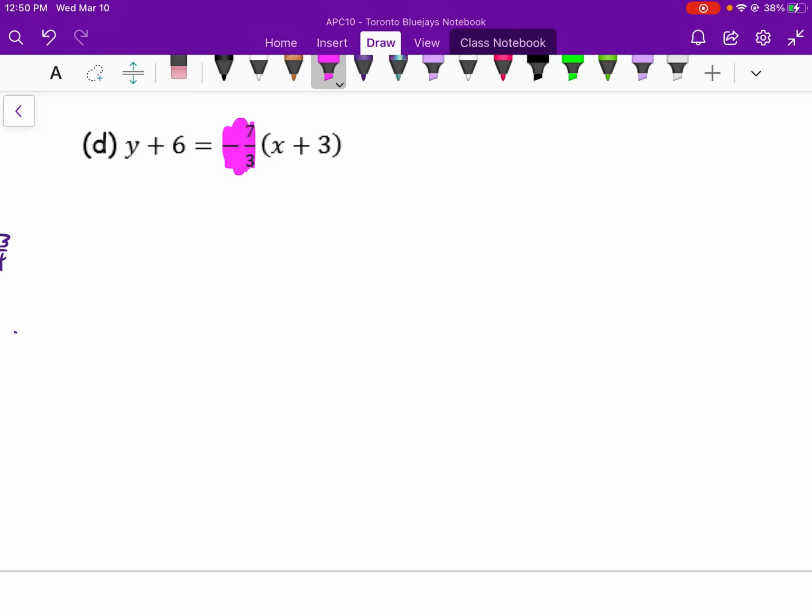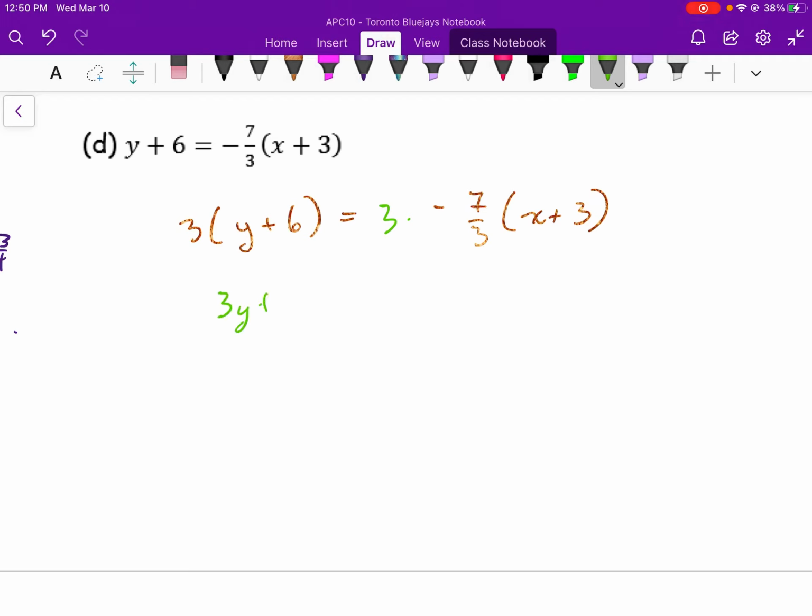I wonder if there's a number that I can dream up where negative 7 over 3 times some number will yield an integer. And really, no big secret, it's going to be the denominator, which is 3. So I'm going to choose to multiply both sides by 3. So I end up with 3y plus 18 is equal to, so that's 3.